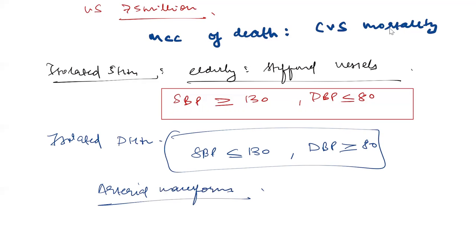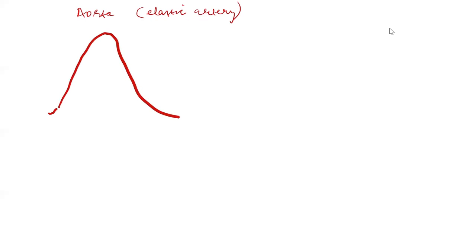Then let us discuss arterial waveforms in the normal population and in the elderly population in which vessels get stiffened. We'll discuss the arterial waveform in the aorta, that is an elastic artery. The first wave in a vessel is the antegrade wave, and this is because of the ventricular contraction.